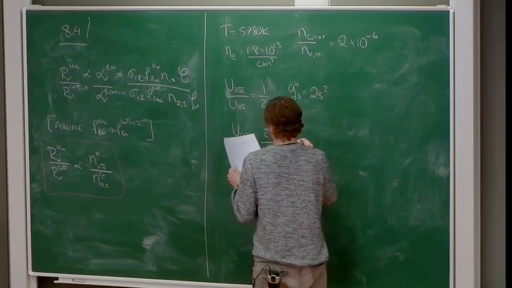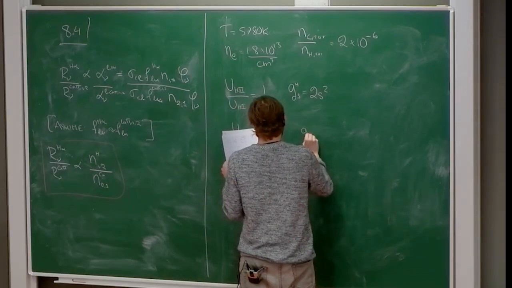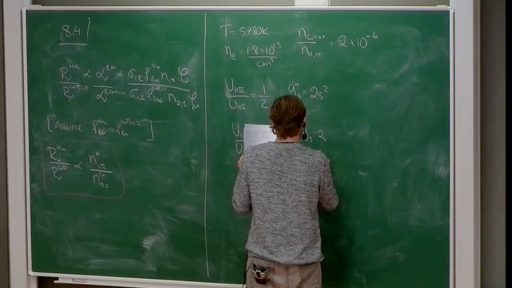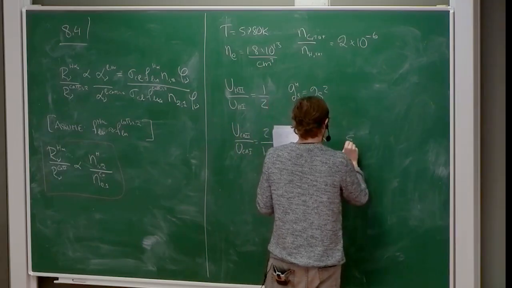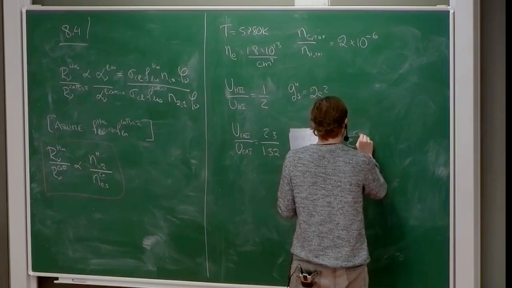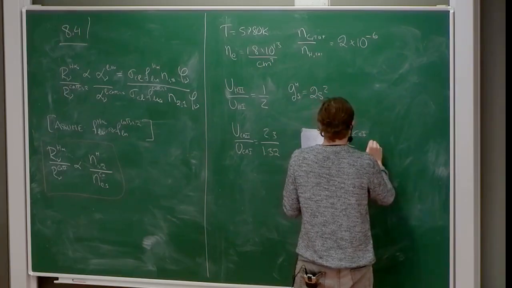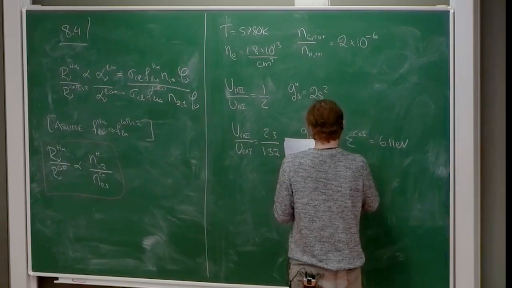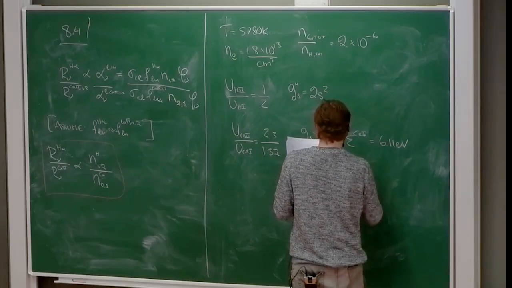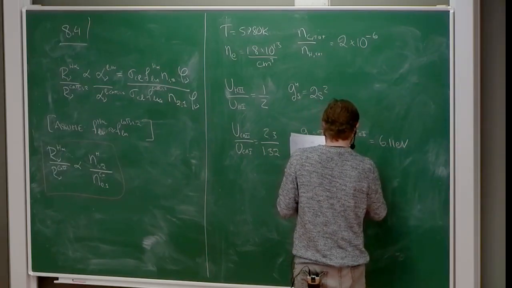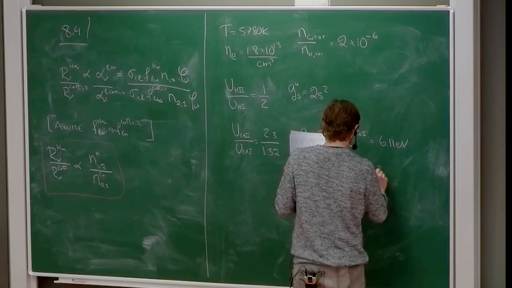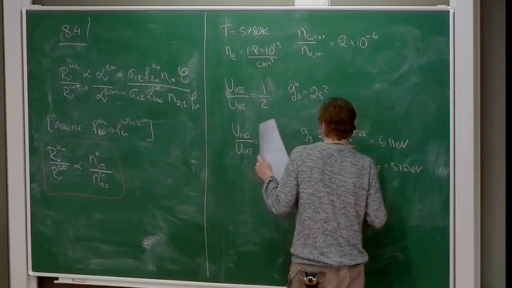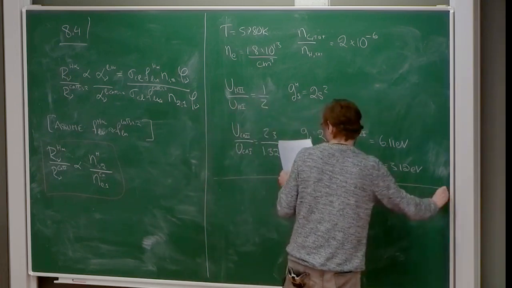This we have not calculated, so this is something that, again, for us is just now lookup knowledge. So given in the exercise, the ionization energy of calcium 1 is 6.11 electron volts, and the excitation of calcium 2 when you go from 1 to 2 is 3.12 electron volts. For hydrogen, we have calculated all of this, so there we know.